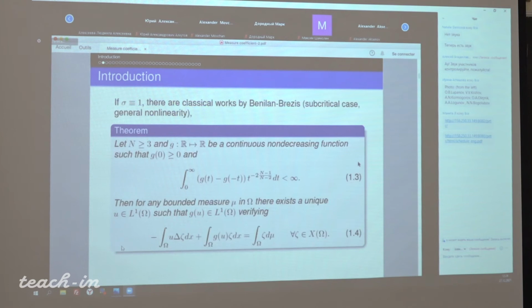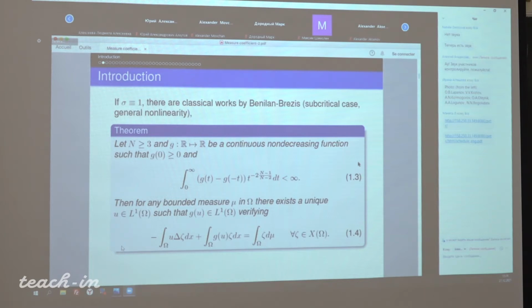Now, first, a little history about this type of problem, which goes back in the nonlinear case almost 45 years ago. In the case sigma equals 1, there were very classical works by Benilan and Brezis, called the subcritical case with a general nonlinearity. Their theorem essentially is the following.